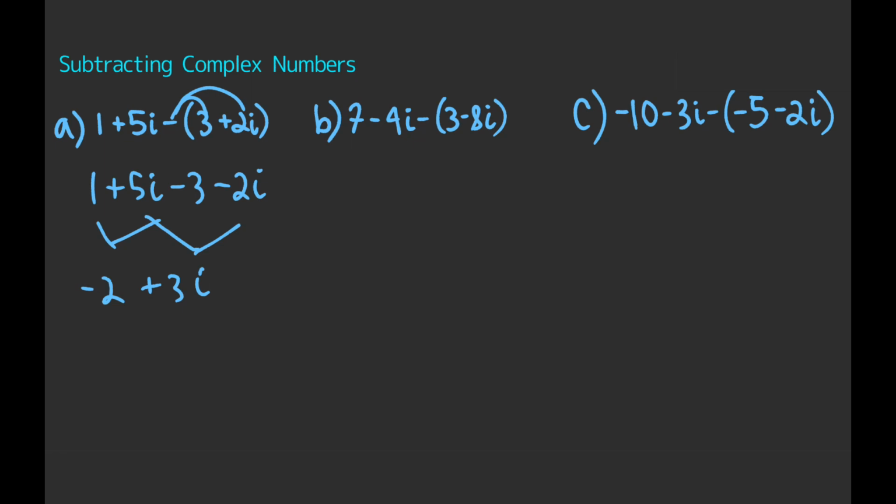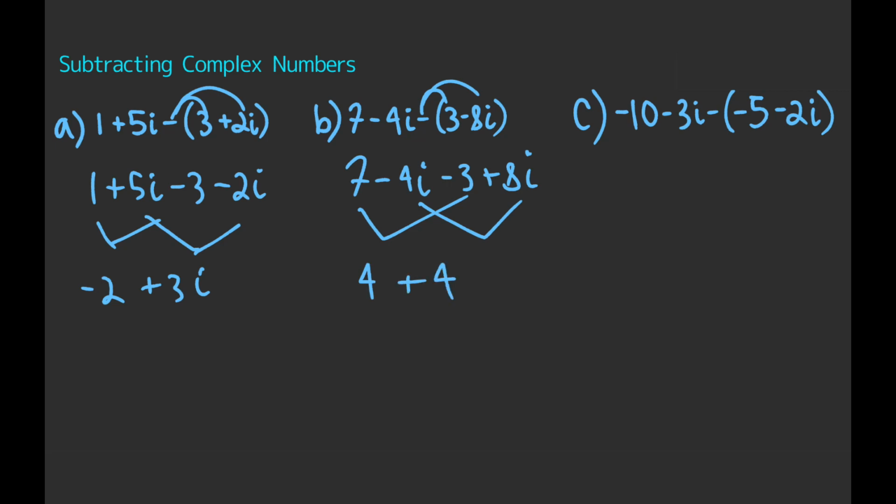On to example B, we will distribute our negative again to the 3 and the negative 8i. And when we rewrite it, we will get 7 minus 4i minus 3 plus 8i. We're going to combine like terms, and we will get 4 plus 4i.